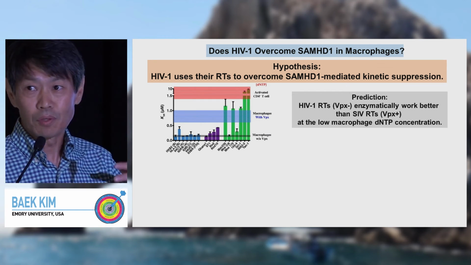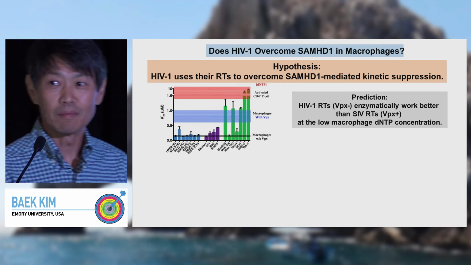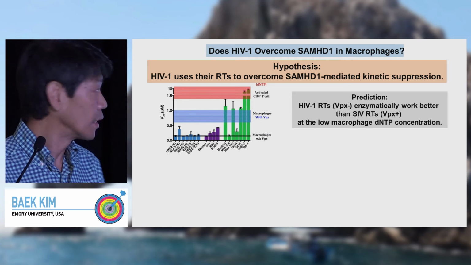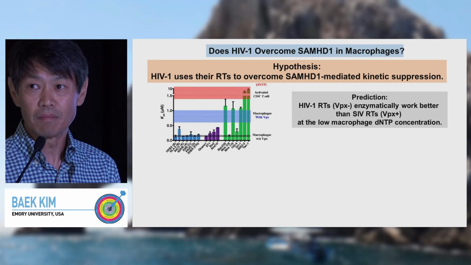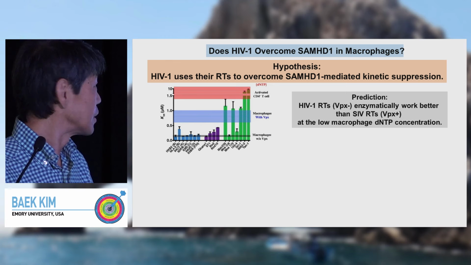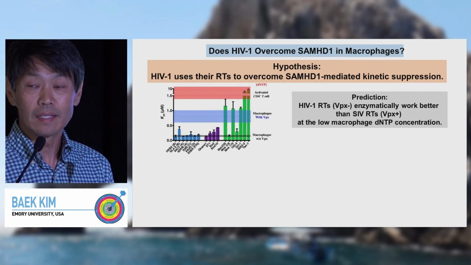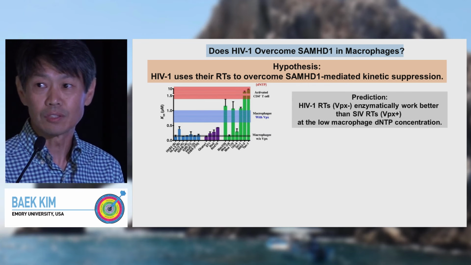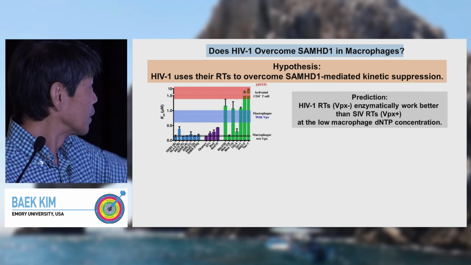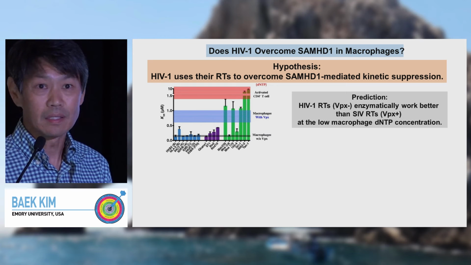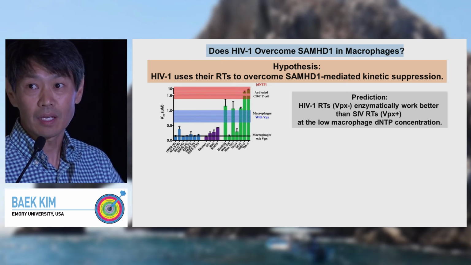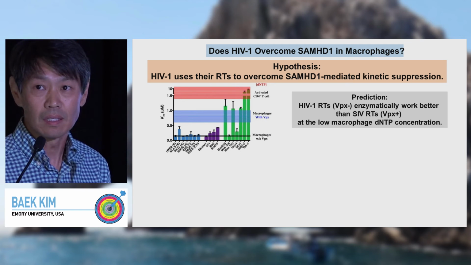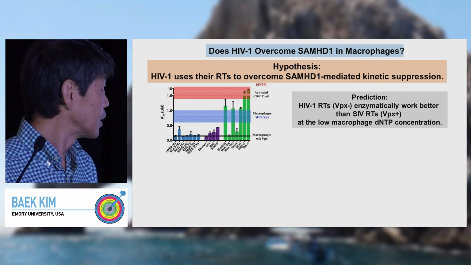So we purified many RTs from HIV, five different clades, and SIV, many different clones, and then measured KM and Vmax values. As you can see here, all the HIV-1 RTs have KM values very close to the low dNTP concentration found in macrophages. But many of the SIV RTs show much higher KM values, near the T cell dNTP concentration.